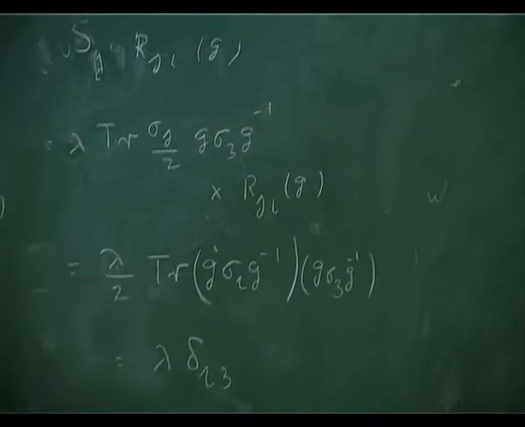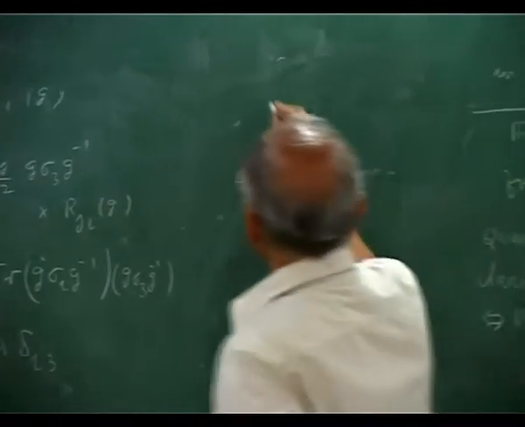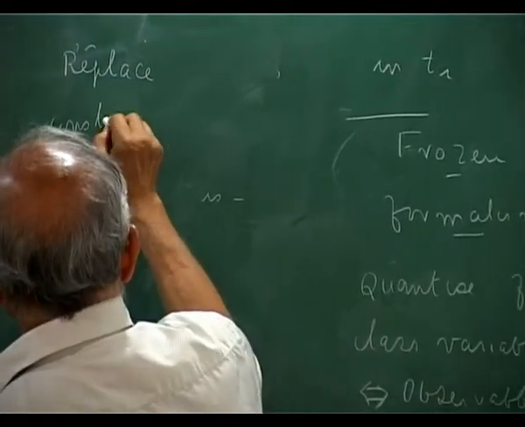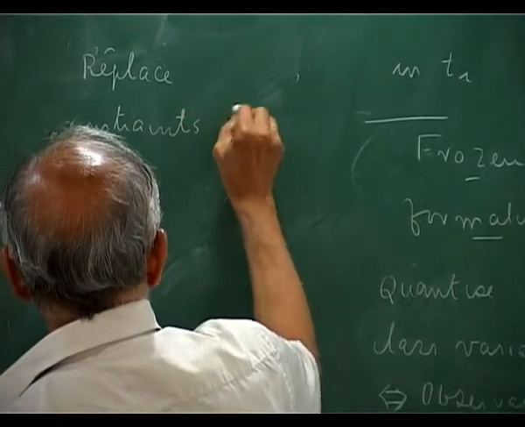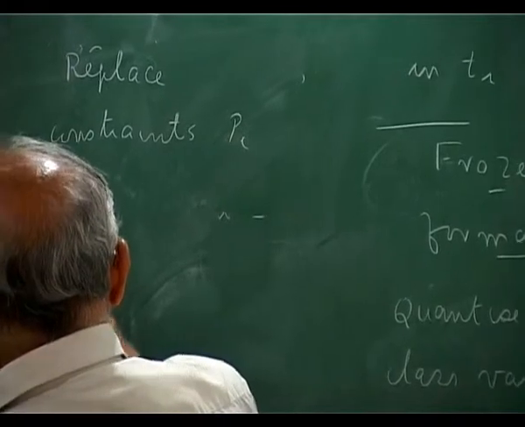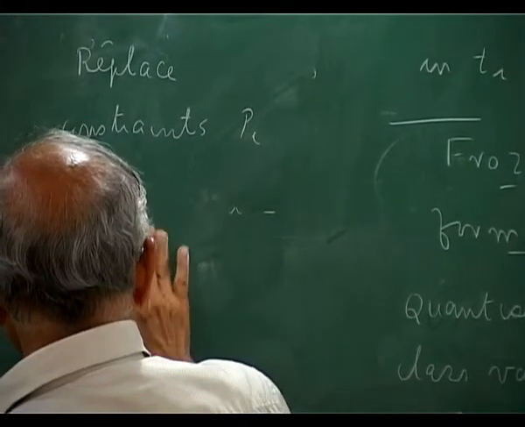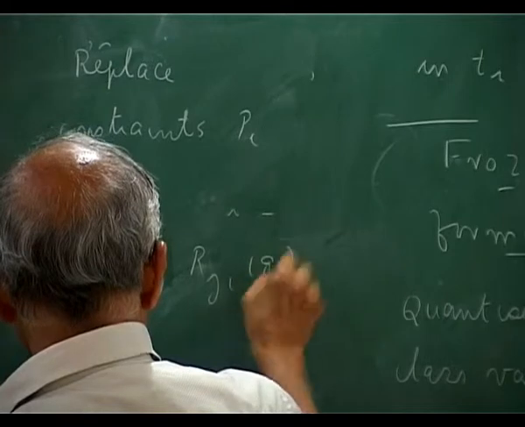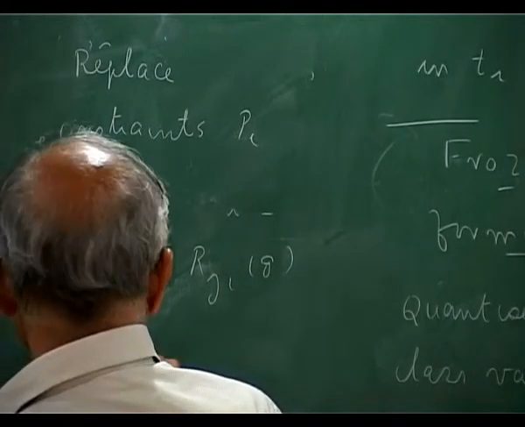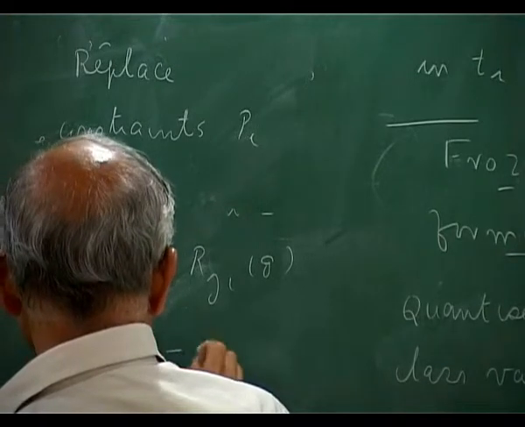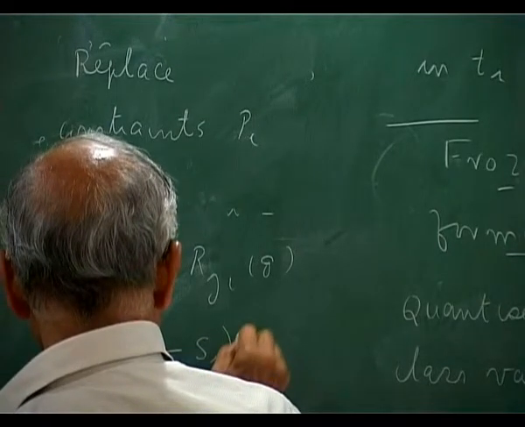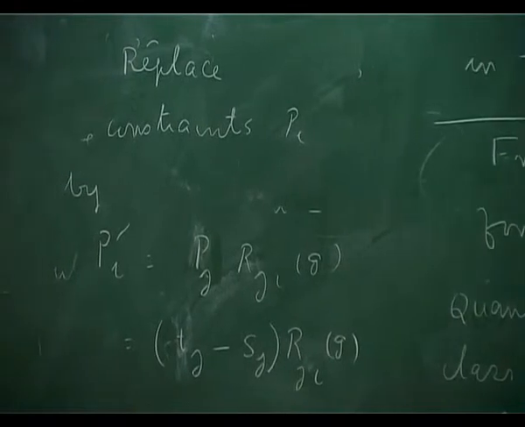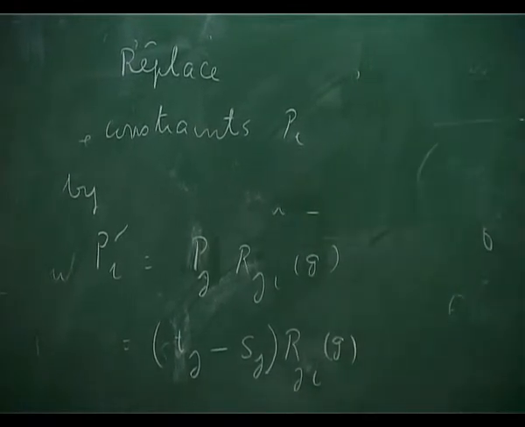So if I replace the constraints Pi by P prime i, which is Pi R j i of G, which is what I had, T j minus S j. This is a great advantage.